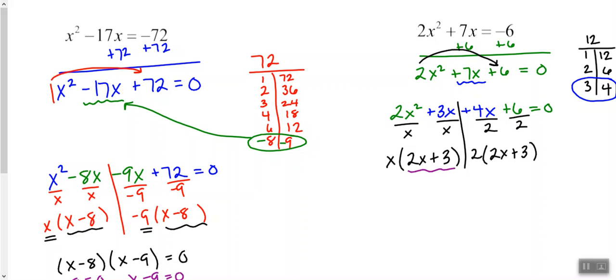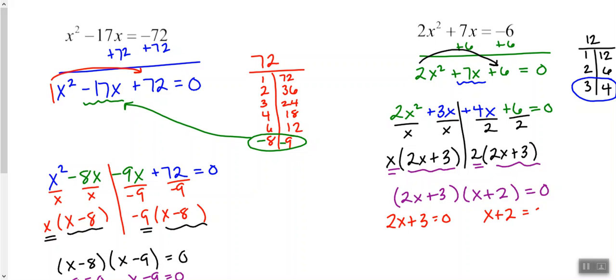All right, my parentheses match. So that creates one factor, 2x plus 3. And then we have x plus 2 as the second factor, still equals 0. And again, last step, set each factor equal to 0, and we solve.